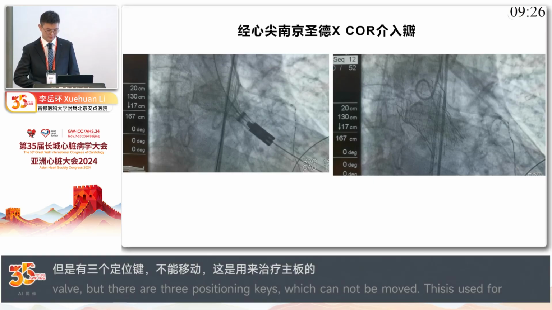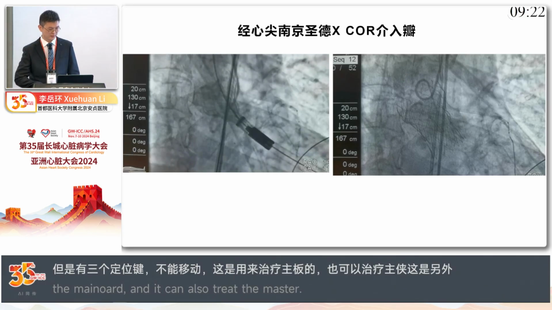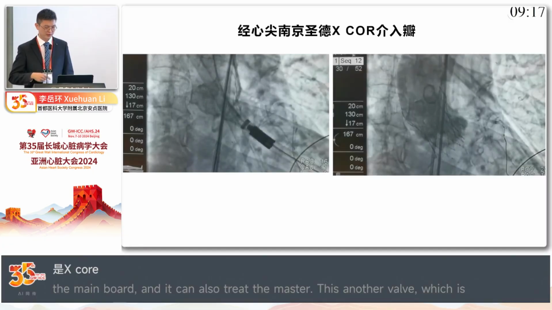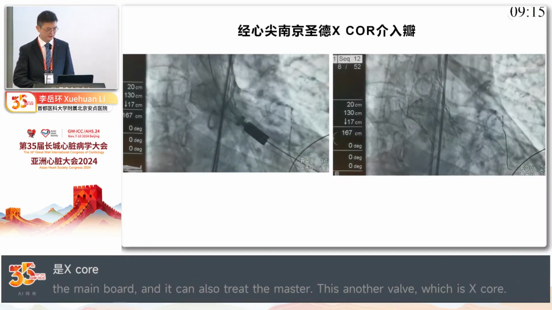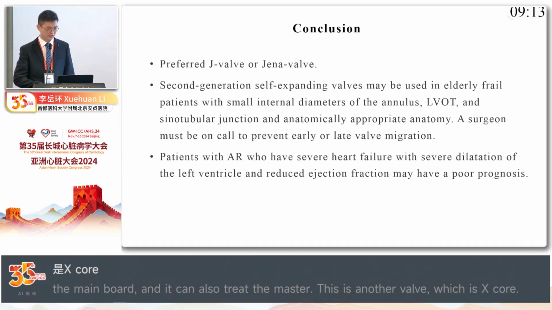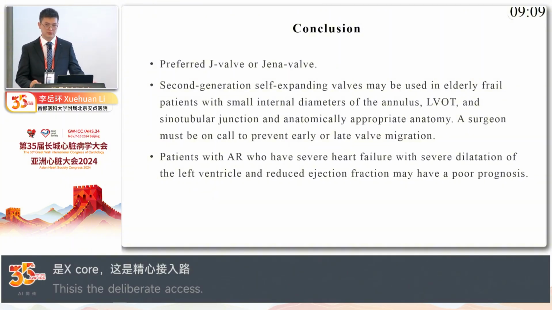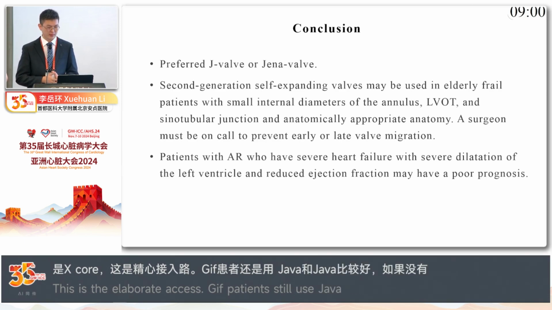Another stent valve is the X-core, which is used through transapical access. So for AR patients, we prefer the J valve or Jenscare valve. If we don't have this valve, we can choose the second generation because it may have a higher success rate.